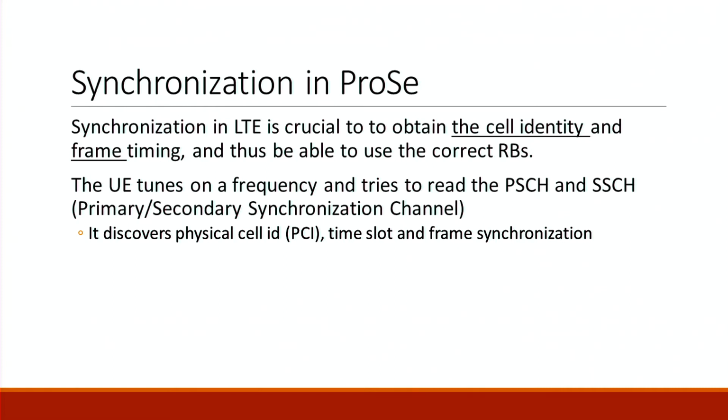So they provide the timing that is used by that UE. This is when you are connecting to an eNode B. In this way, you discover what is the physical cell ID. You can do this by looking at how the pilots are structured, what is the sequence of bits that the pilots are sending, the time slot and frame synchronization, and so on.